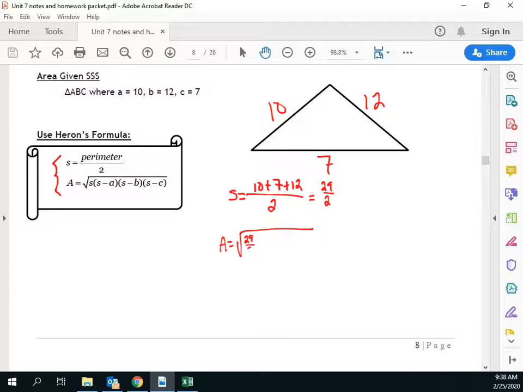S, and the distance from every side to that S. So it's 29 over 2 minus 10, 29 over 2 minus 12, 29 over 2 minus 7. Requires a little bit extra typing, but that's all right. As long as the calculator's doing the work and I'm not doing it, I don't care.